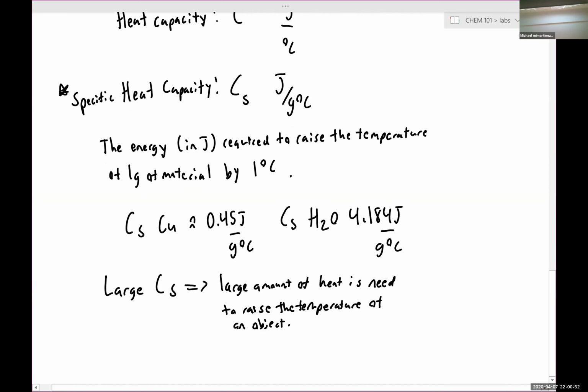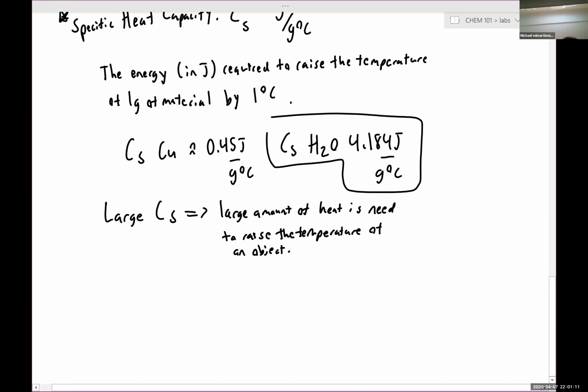So does that make sense to everyone? The intuitive link: copper increases in temperature more readily when we put it above a flame. Water takes a little bit longer to increase in temperature because it has a larger specific heat.